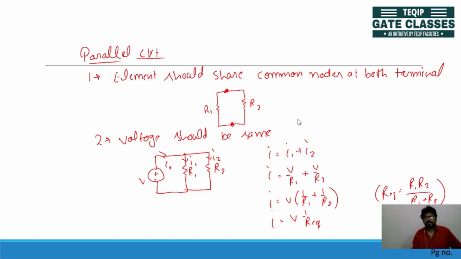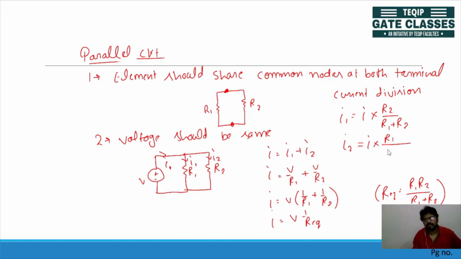So in a parallel circuit there is a current division. From the current division rule, the fraction of current entering R1, that is I1, is equal to I into the opposite branch resistance in the numerator, that is R2, divided by the sum of resistances. In the same way, to calculate I2, the current entering resistance R2, the opposite branch R1 would be in the numerator and the sum in the denominator.